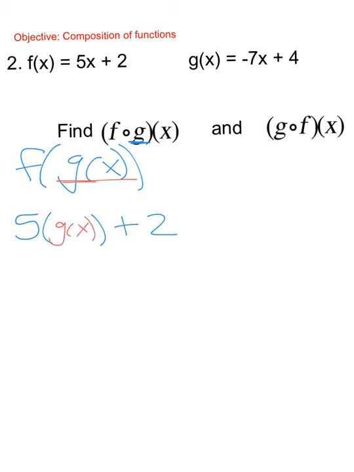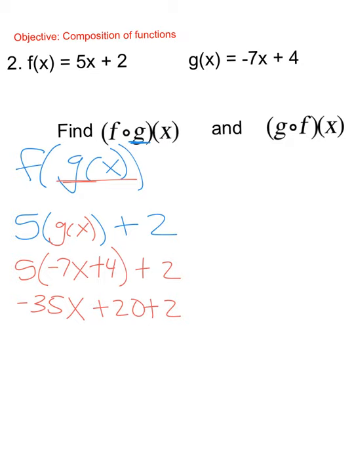So just like substitution from Algebra 1, -7x plus 4 plus 2. So I get -35x plus 20 plus 2. So f of g of x is -35x plus 22.